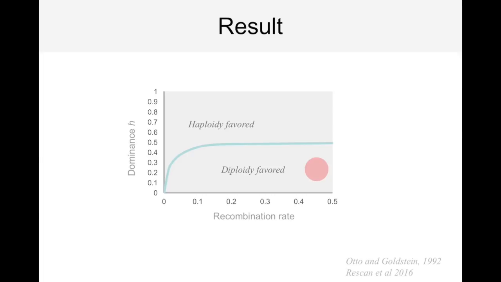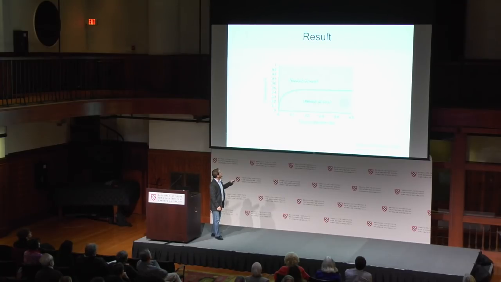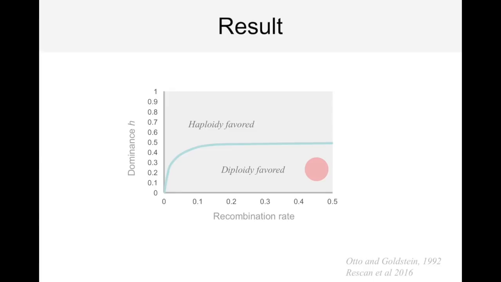I told you that the dominance of the deleterious mutation is about 1/4, so about here. And if recombination is quite high, so that is if you are in this red area, and that's where most eukaryotic organisms are, you'd expect diploidy to evolve, despite the fact that it reduces mean fitness in the population.